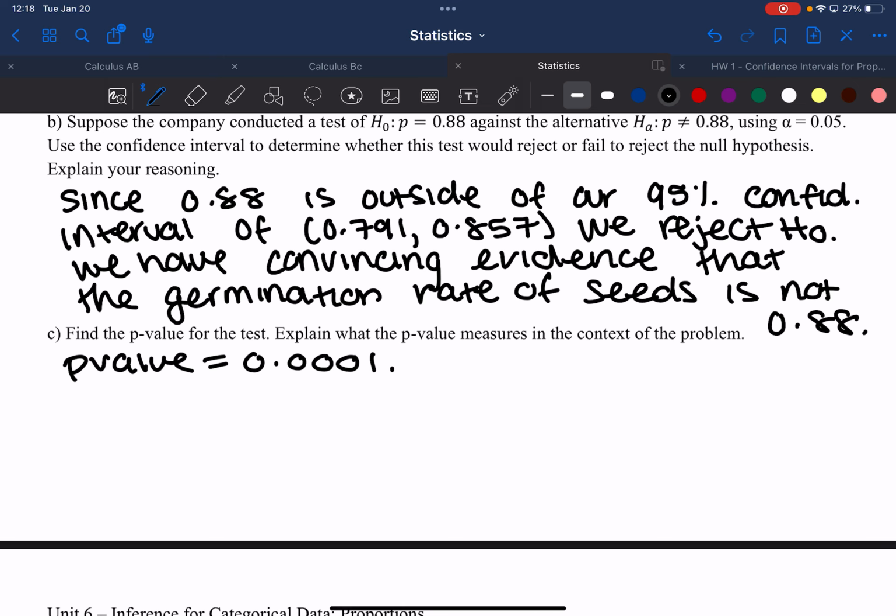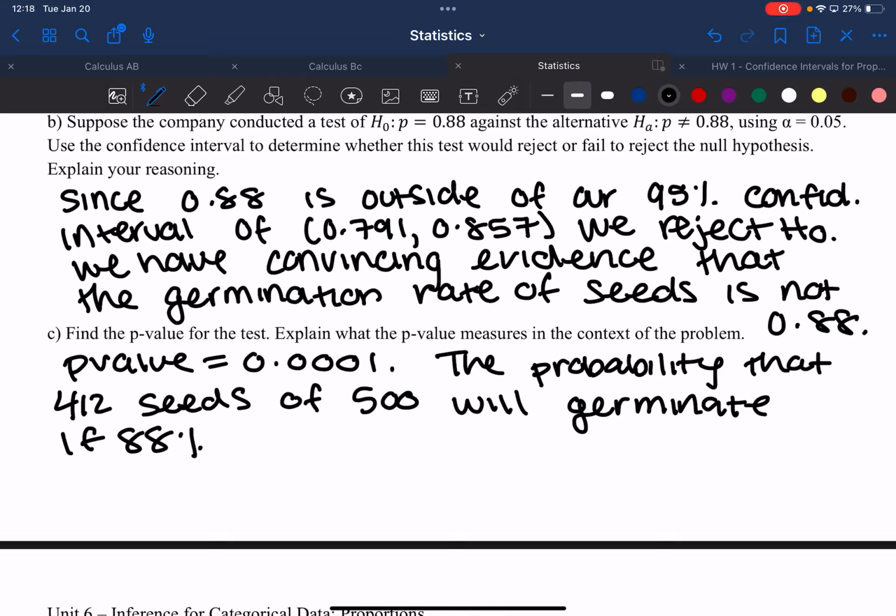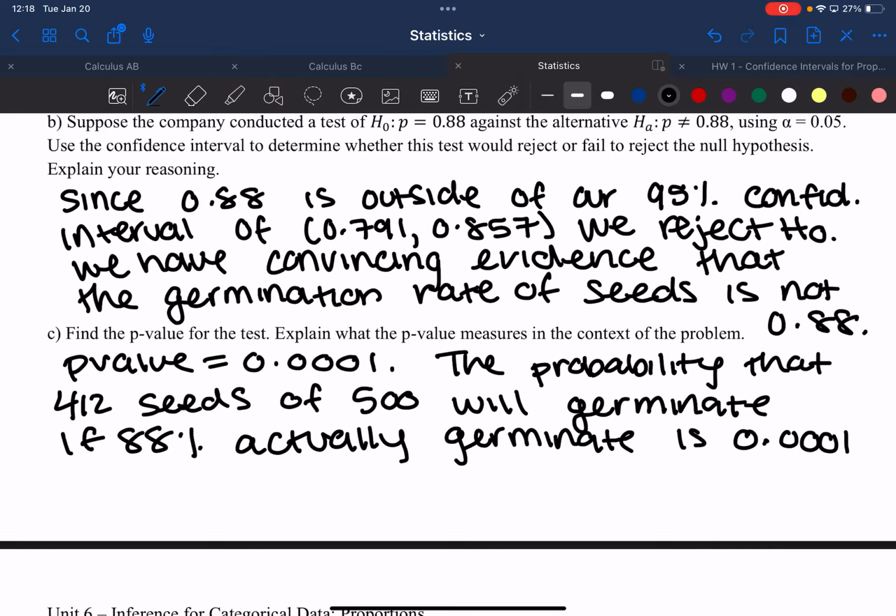So our interpretation of this is that the probability that 412 seeds of 500 will germinate if 88% actually germinate is 0.0001.